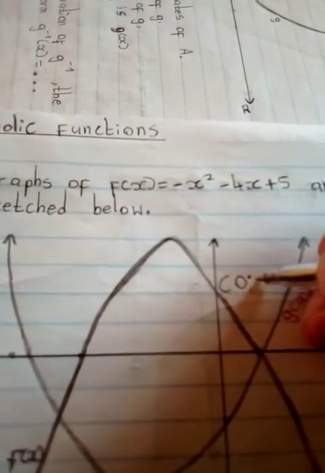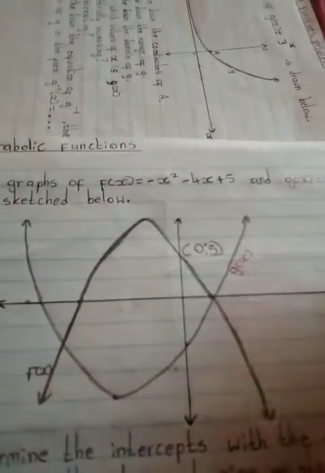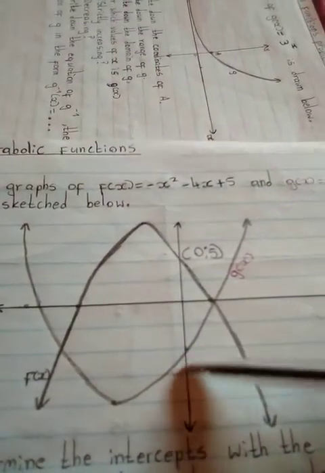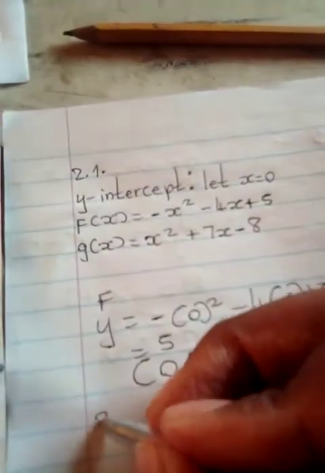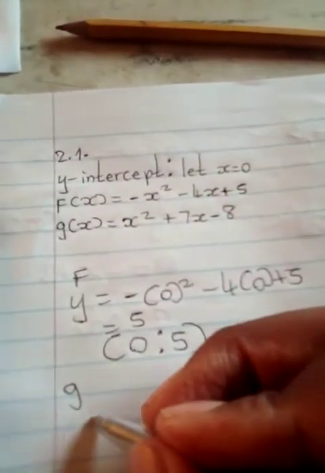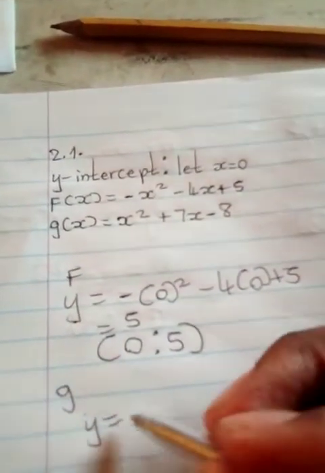Here, the y-intercept, we can write that down here. It's (0; 5). But what about the y-intercept of g of x? Of course, it is here. It has to be negative also. But let's solve for it here. For g, y is equal to, where we see x, we put in 0.